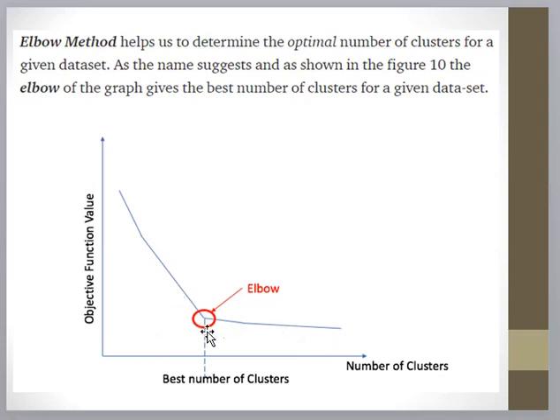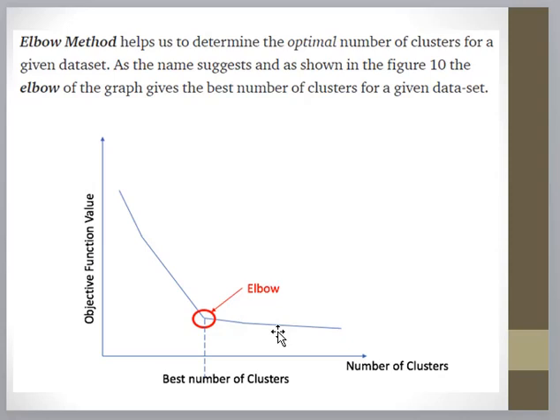So that's why this point can be treated as an elbow, on the basis of which we have named this algorithm the elbow. So in the elbow method, which is a method to determine the number of clusters, we are basically trying to figure out a sweet spot by plotting the number of clusters against an objective function, and we are looking at the point where the change is not drastic.